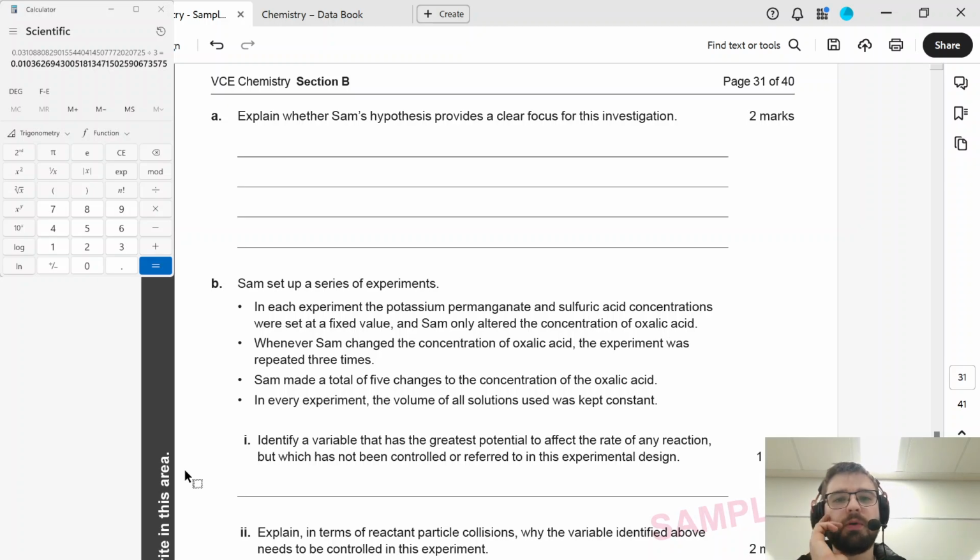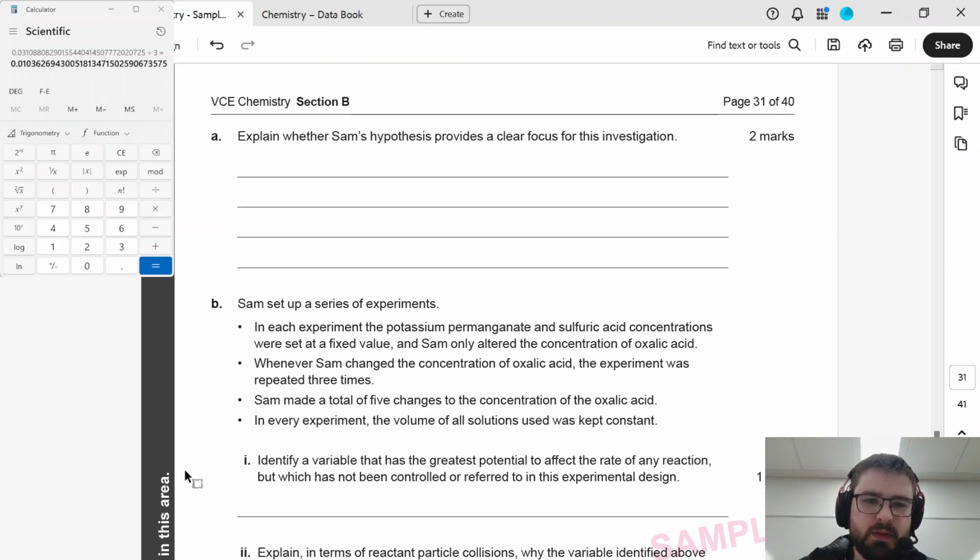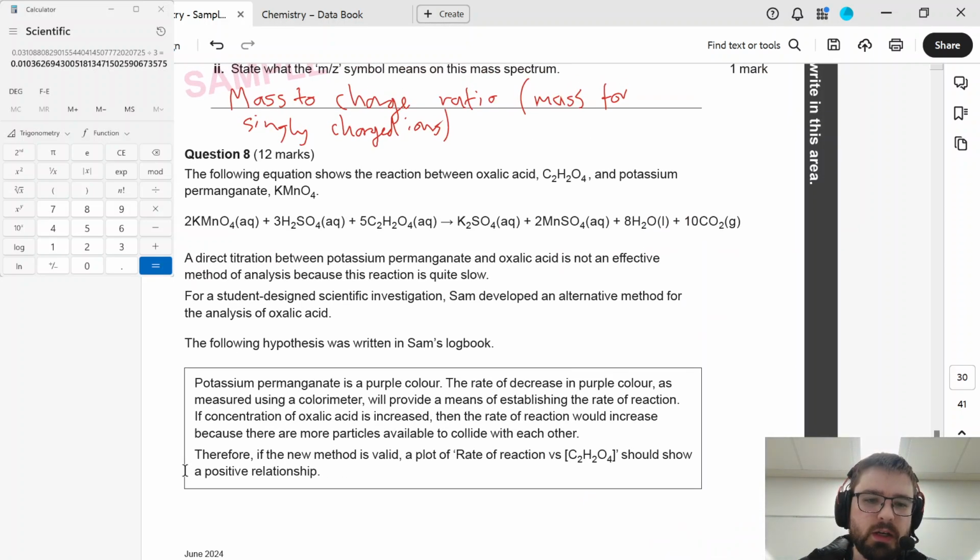Explain whether Sam's hypothesis provides a clear focus for this. What does that even mean? Oh, I guess it's just saying that the hypothesis is not clear. It's a reasonable intro statement.